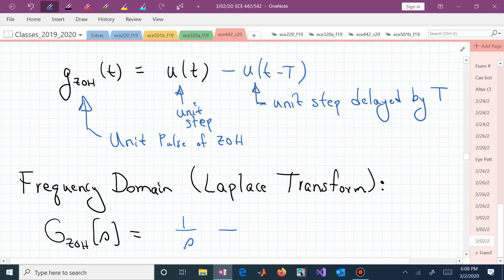So we have a unit step. Do we have to modify that? Yes, because it's delayed, and the delay is this e to the minus capital TS.